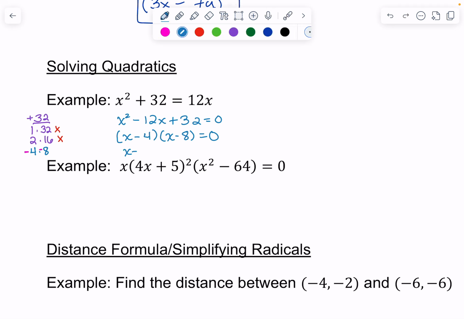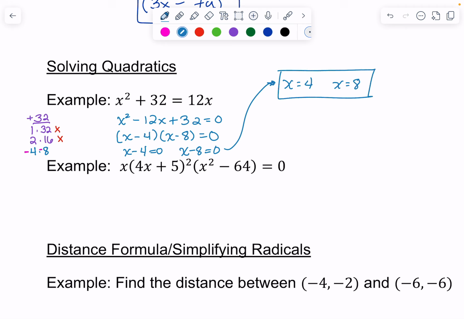My other solution happens because if x minus 8 is equal to 0, then 0 times anything is going to be 0. So I have x minus 8 equal to 0. I'm going to bring those over here. That means if I move the 4 to the other side and solve, I get x equal to 4 and x equal to 8. So these are my two solutions.